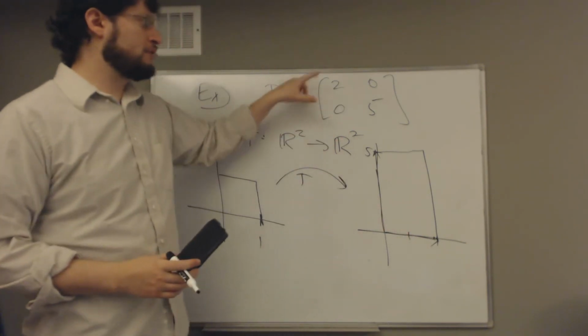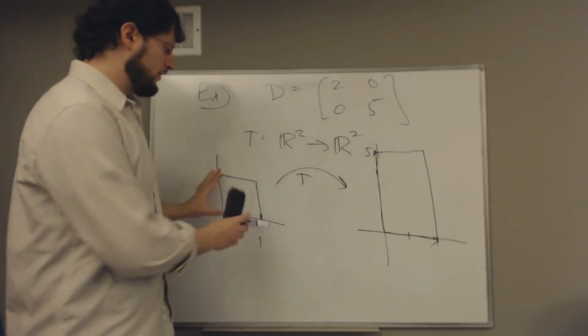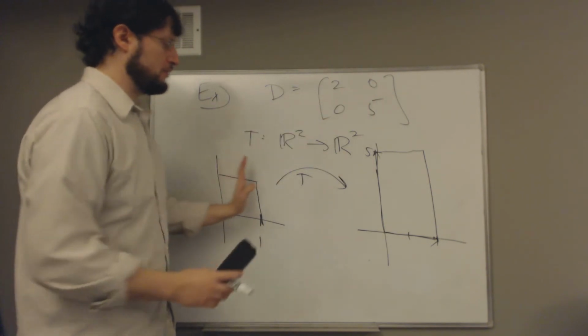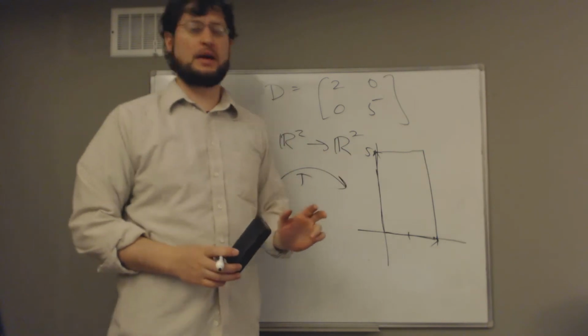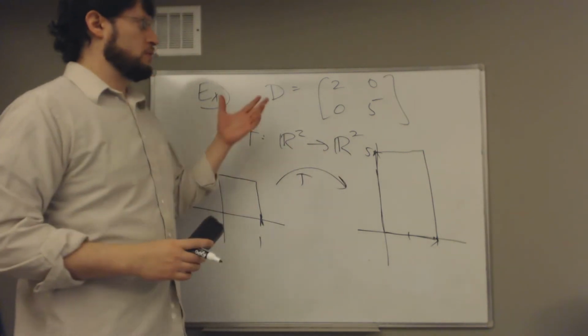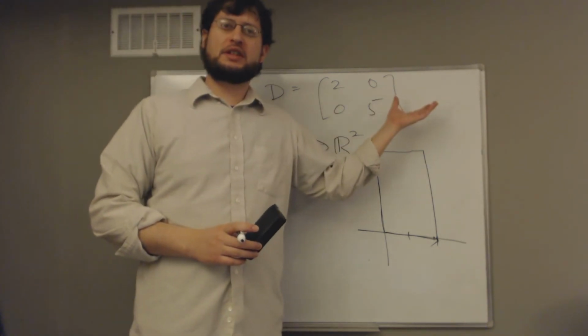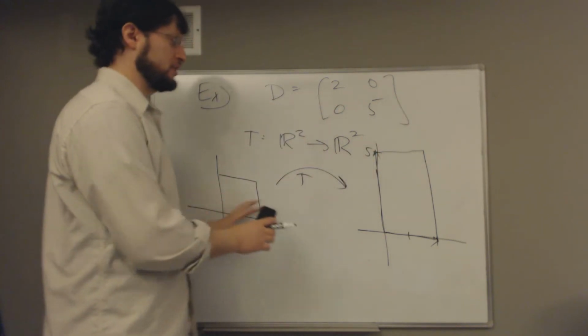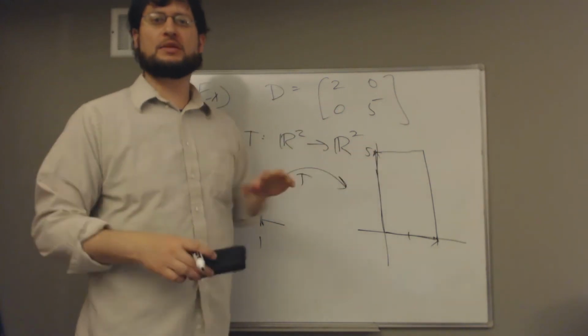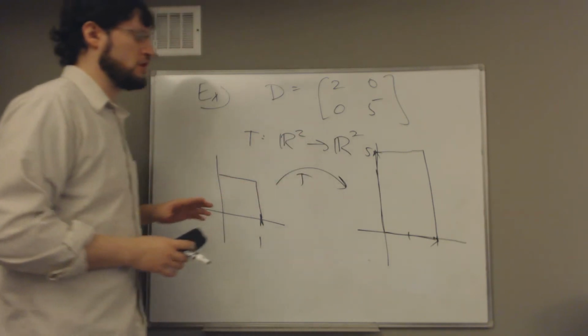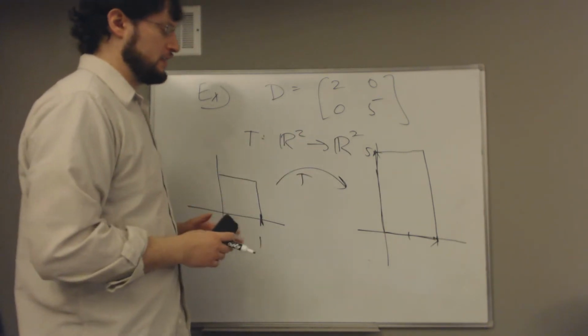Because if we looked at a general matrix, we're going to find that this square is going to become some pushed over parallelogram. Right? So what's nice about diagonal matrices is that it takes squares to rectangles, and we don't end up getting any parallelograms, which can complicate our stuff.